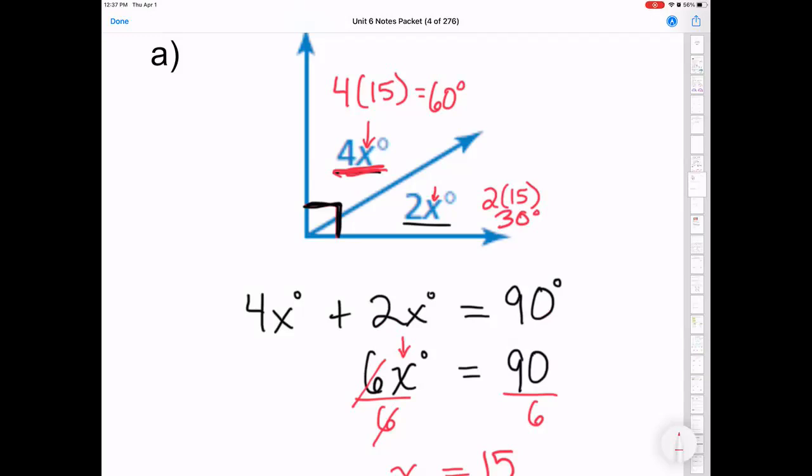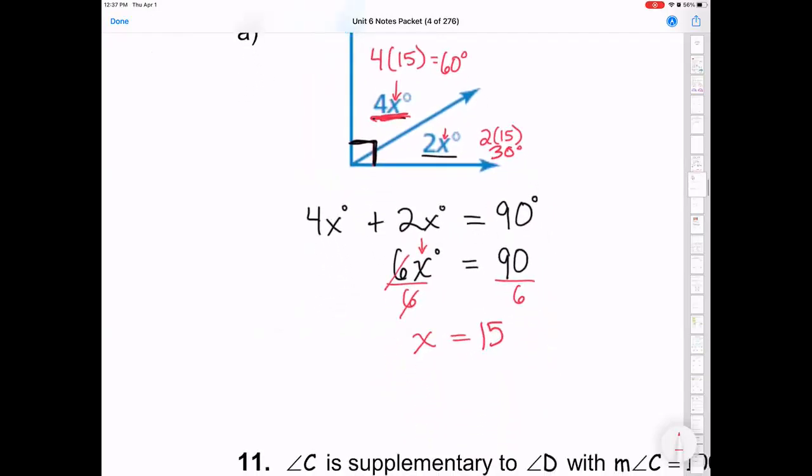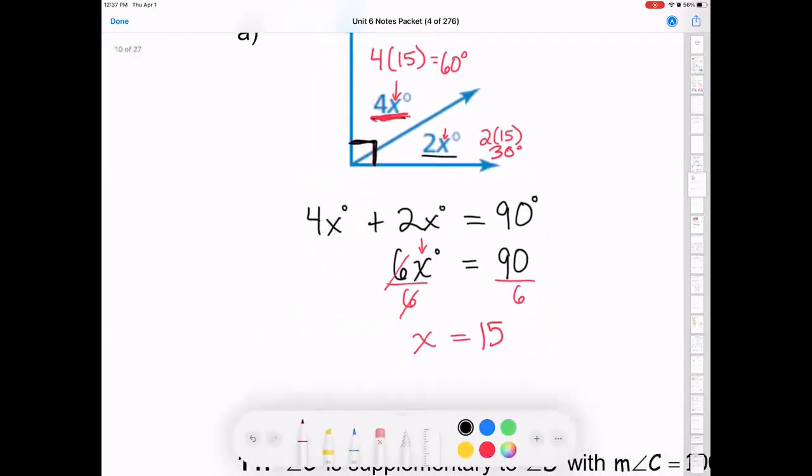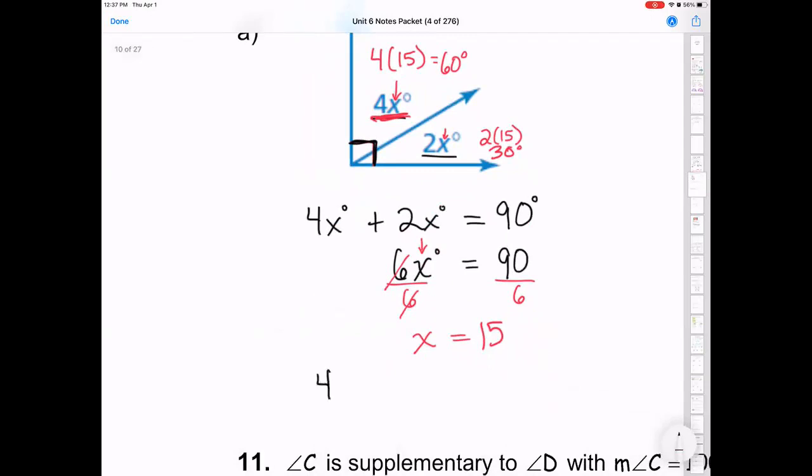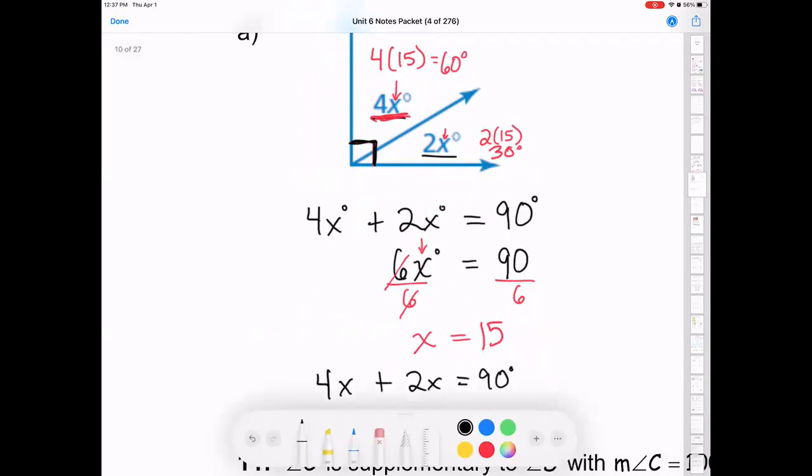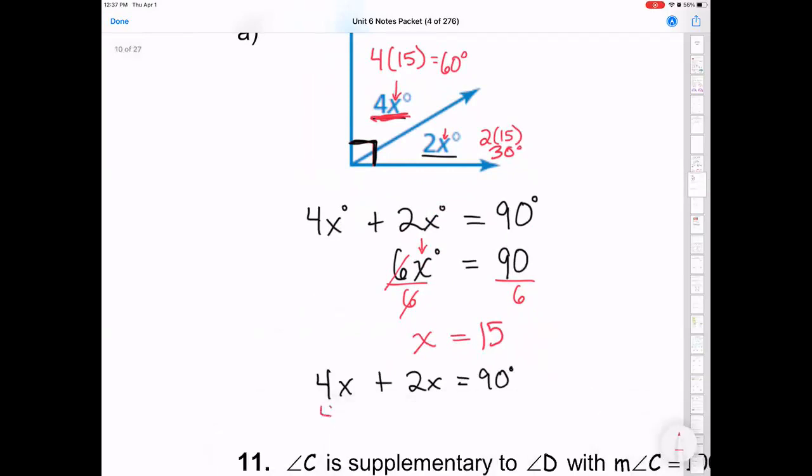Okay. And now we can verify and make sure everything is correct. So we do have to do our check, just as always. We have 4x plus 2x equals 90, that original statement. Again, a moment ago when I plugged in the 15, I ended up with my 2 corresponding angles, or I should say 2 complementary angles, rather.